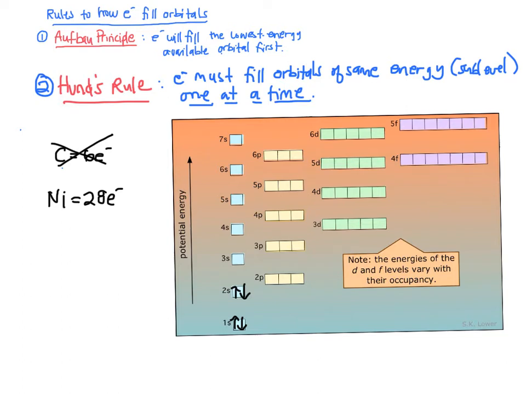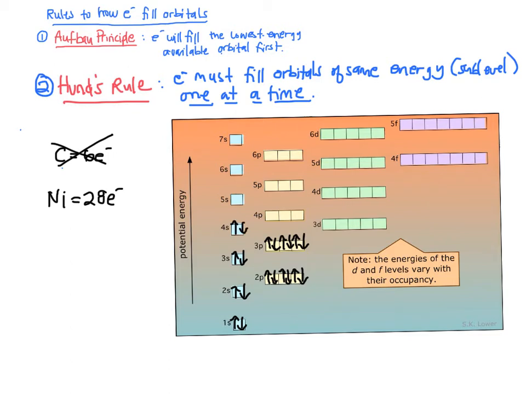And then as far as the 2p, the way that it would fill is you would get 5, 6, 7, and then they would go in and double up 8, 9, 10, and then 11 and 12, 13, 14, 15, 16, 17, 18, 19, 20.